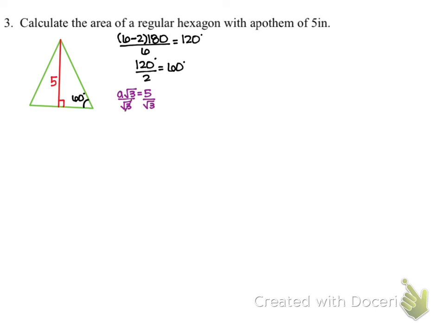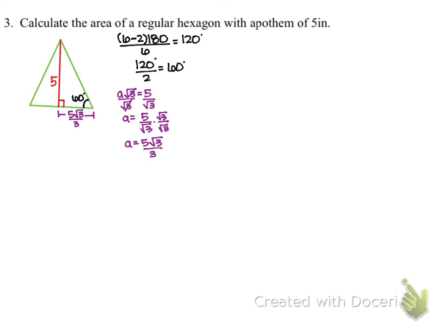Those simplify. I know that a is equal to 5 over root 3, but we wouldn't leave it like that. So let's rationalize. And I think we get 5 root 3 over 3. Okay, so that's going to be this here.